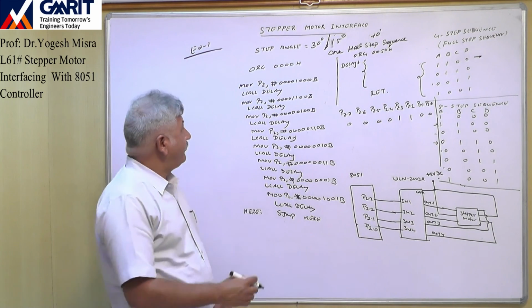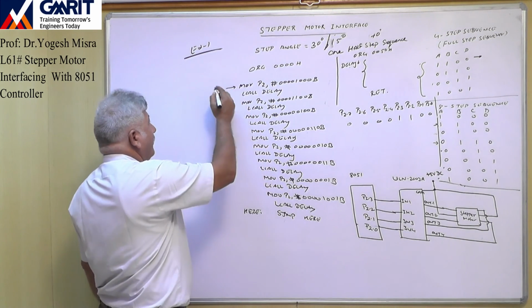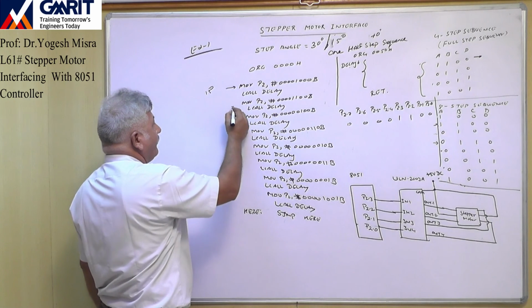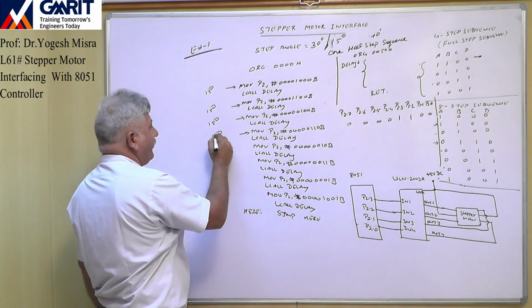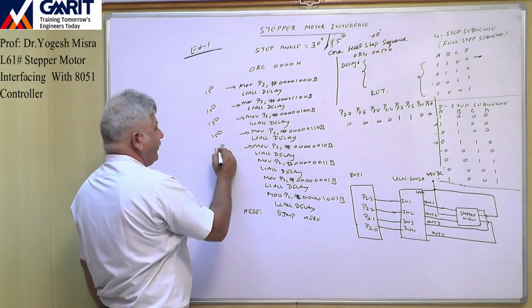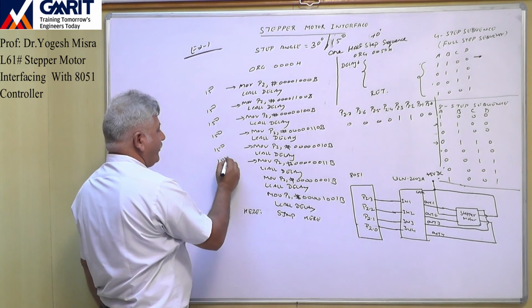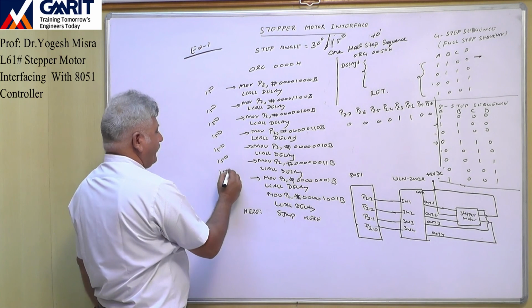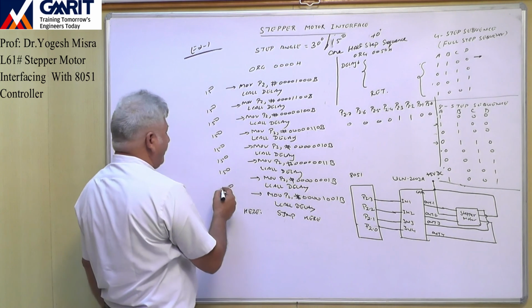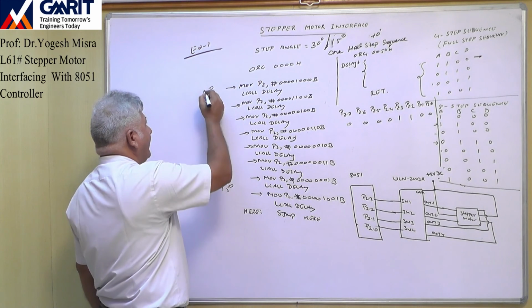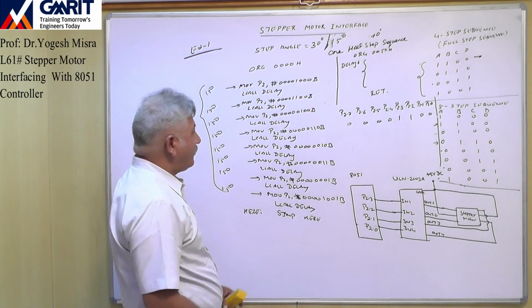So now with this the motor will rotate 15 degree, with this step 15 degree, with this 15 degree, with this 15 degree, 15 degree, with this step 15 degree, this 15 degree, and with this 15 degree. Yes, 1, 2, 3, 4, 5, 6, 7, 8. 8 into 15, 120 degree.